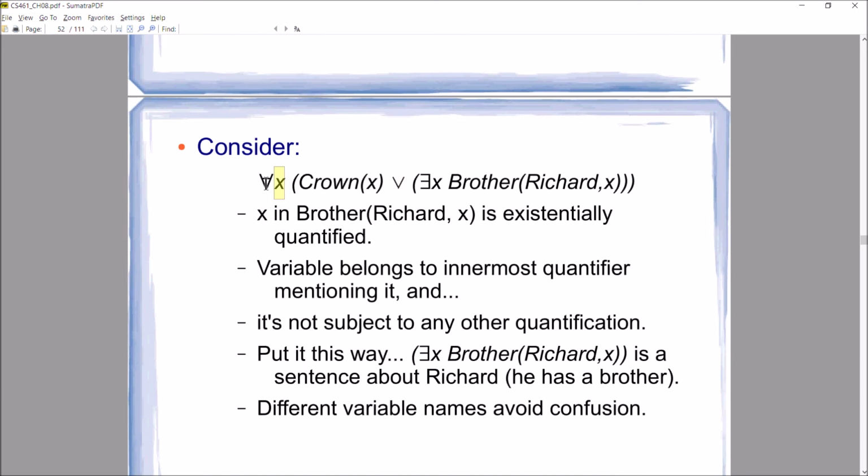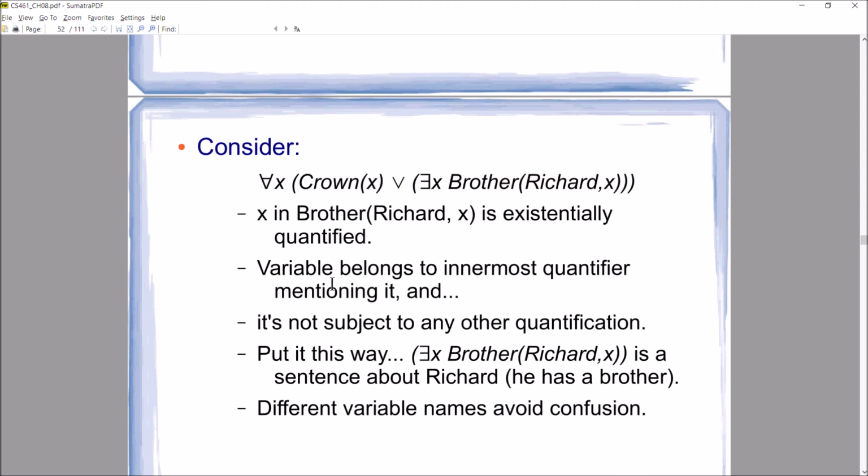You've got for all x, that's modifying this entire thing. But you have an existentially quantified x that's part of this piece right here. So this x belongs to the existential quantifier.